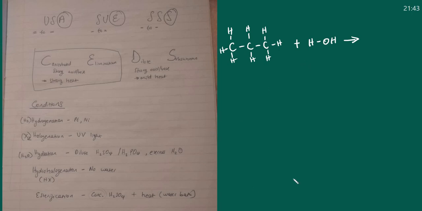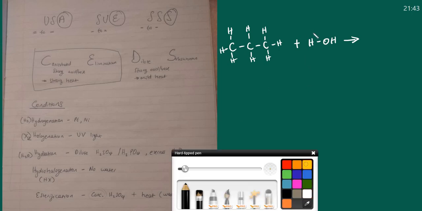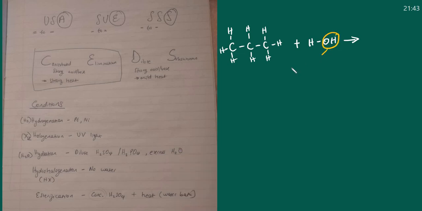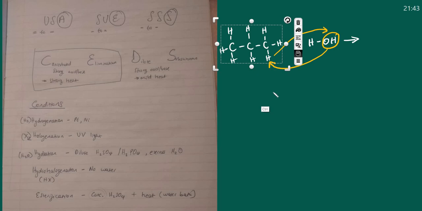What will happen there is that the other one will be substituted. So this can go and substitute this one, and then this will go there. Which means, what are you going to form? This one that you previously had.